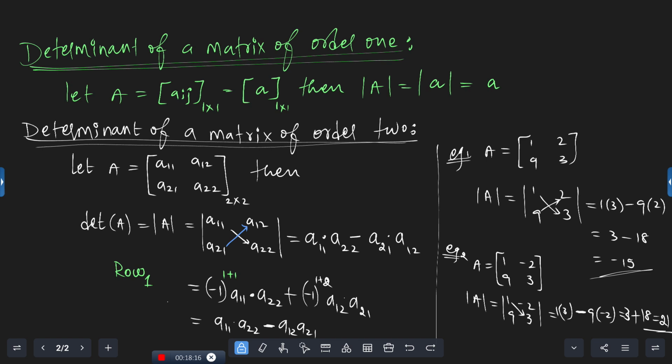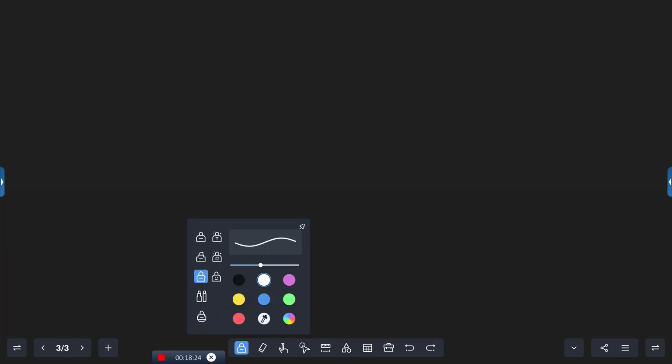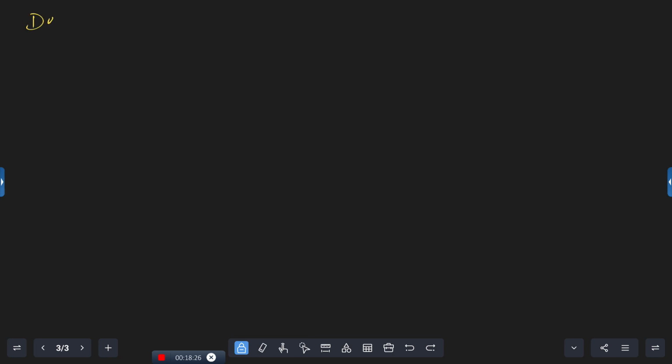Shall we start for next? Order 3 we will go, Raja. So determinant of a matrix of order 3.